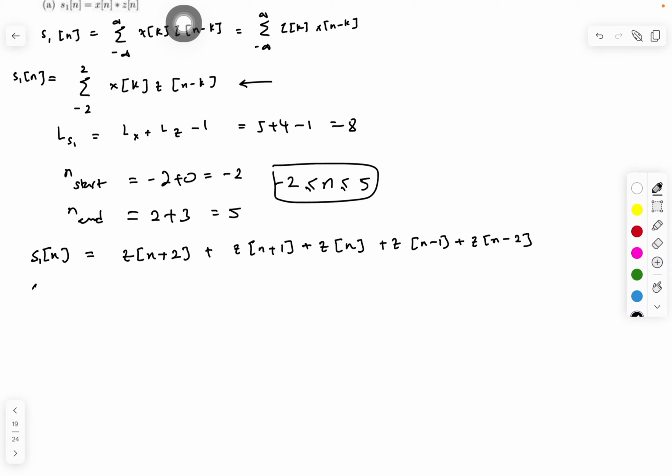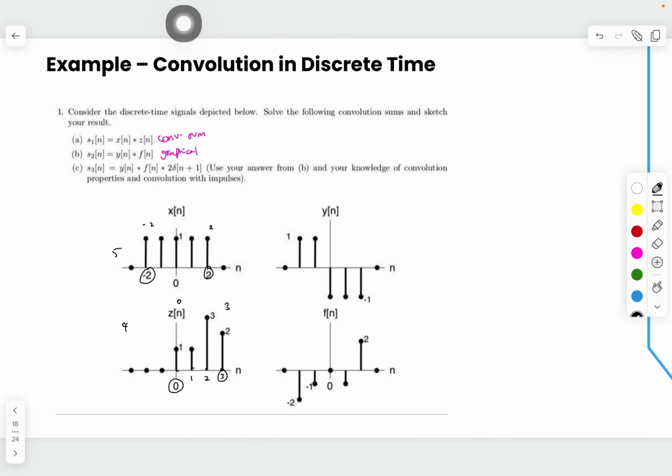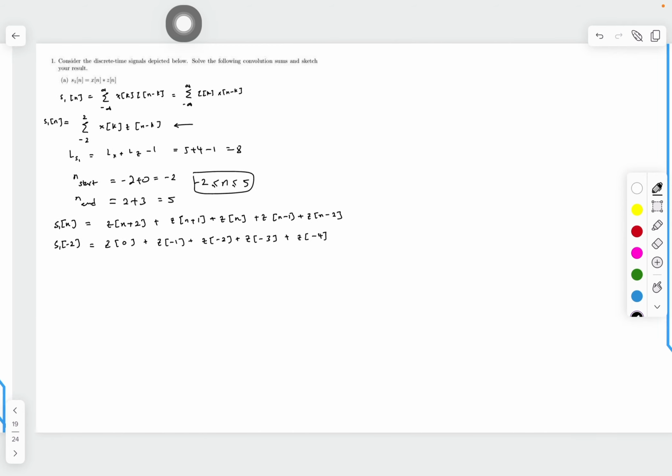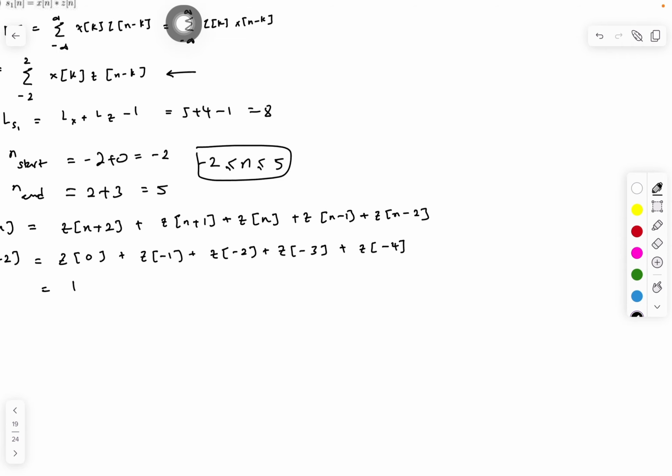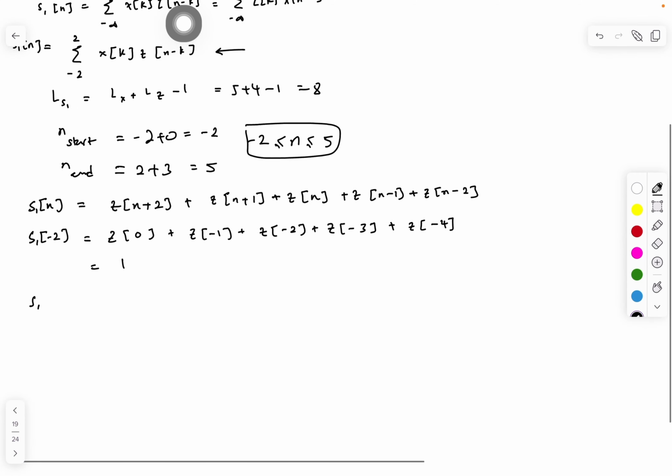So we start with s1 at n equal negative 2. This is going to be z[0] plus z[-1] plus z[-2], z[-3], z[-4]. So we find these values. z[0] is equal to 1, and all of these are 0. So this is the only number.